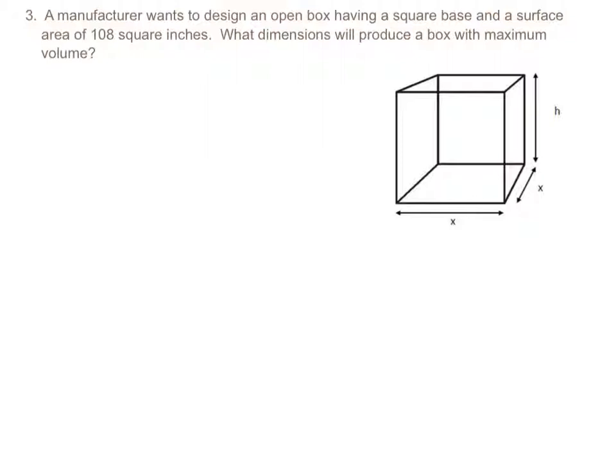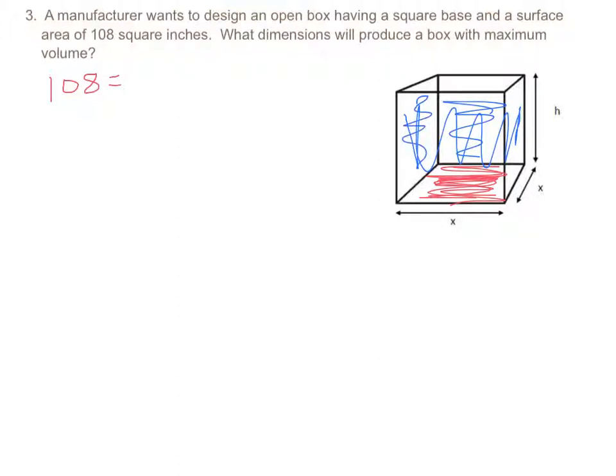So our sides are going to be represented, and I'm using x's. And our height then will be a different variable. It will be h. And we are going to have a surface area of 108 square inches. So we'll go ahead and start writing that out, 108. And remember that the surface area of this box is going to be the area of the base plus the area of the 4 sides.